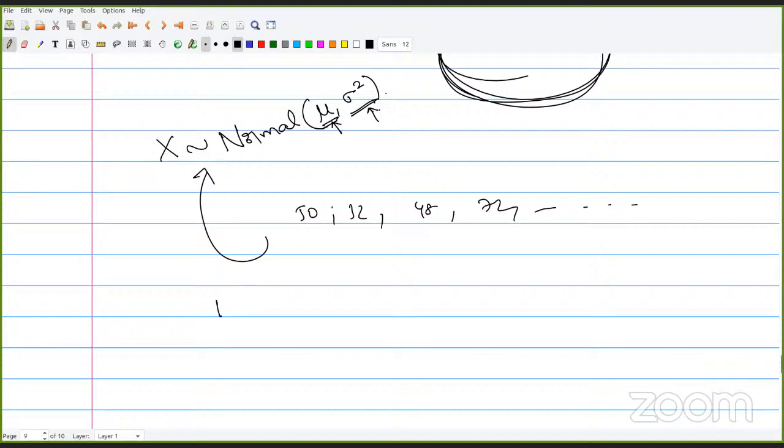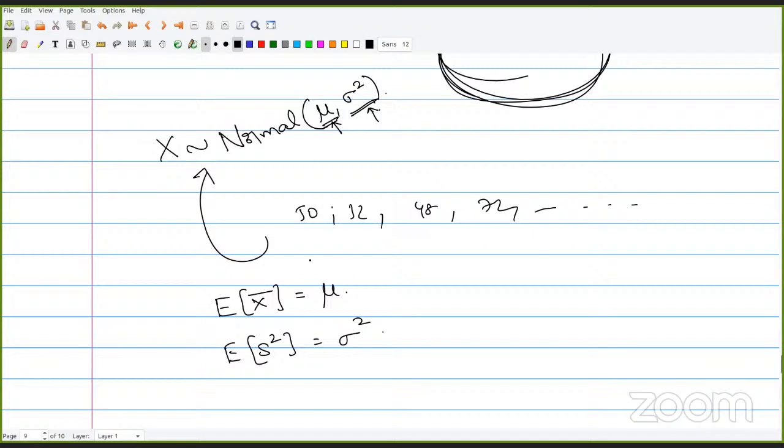Correct. Just now we discussed the expected value of the sample mean is the population mean, and the expected value of the sample variance is the population variance, irrespective of what X follows. Right?